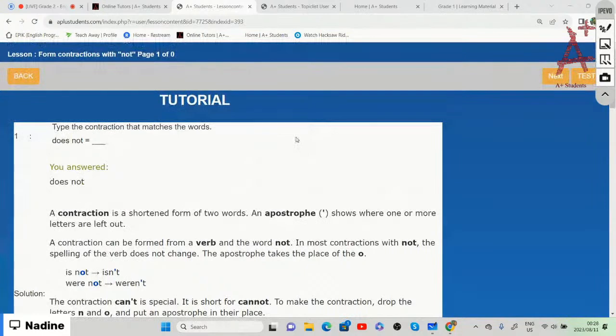All right, so we are now going to type the contraction that matches the word. Does not. We need to type the contraction that matches the word does not.